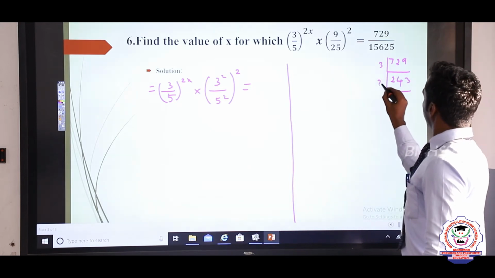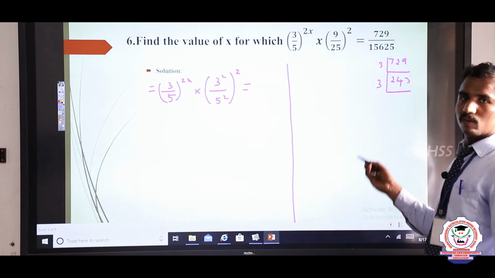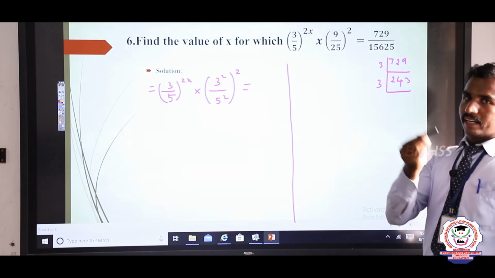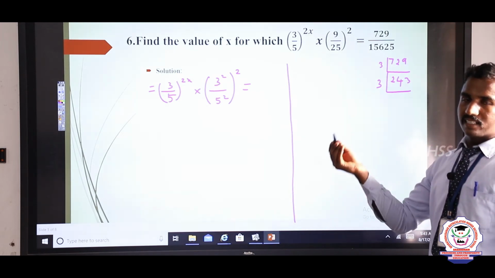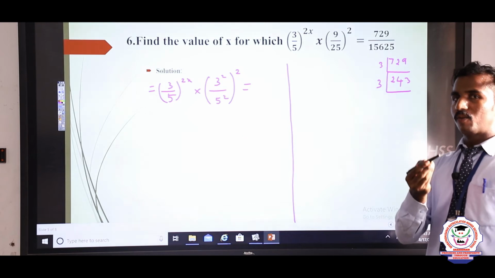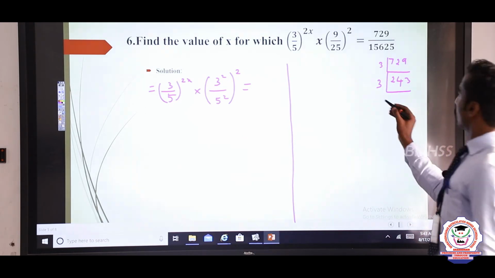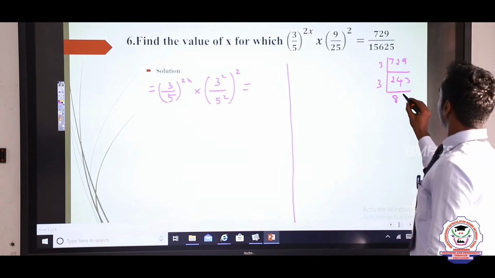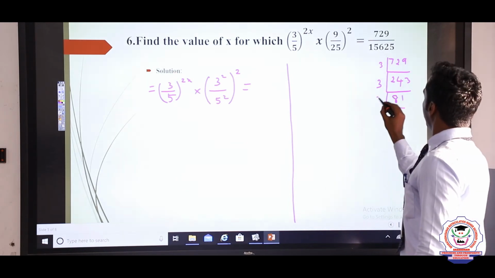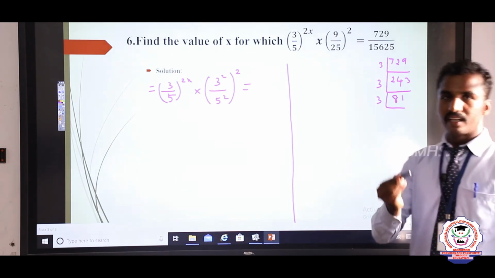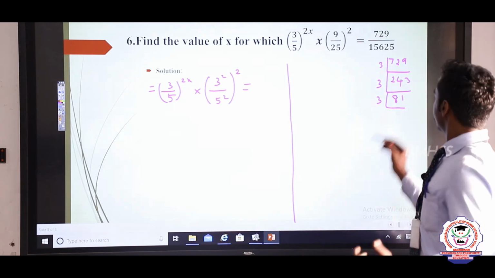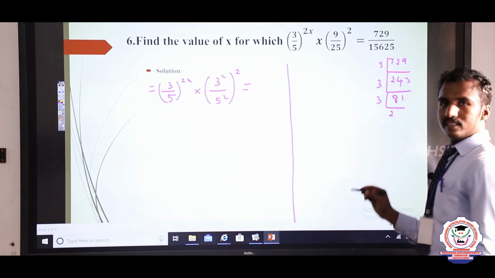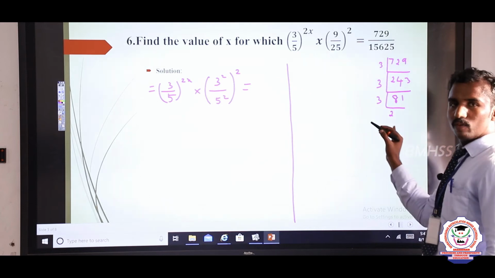Next, same 3 table, 24. 3 table: 3 5s are 15, 3 6s are 18, 3 7s are 21, 3 8s are 24. So 3 8s are 24, 3 1s are 3. Same 3 table, 8, 3 1s are 3, 3 2s are 6. So 3 2s are 6, remaining 2, 21.